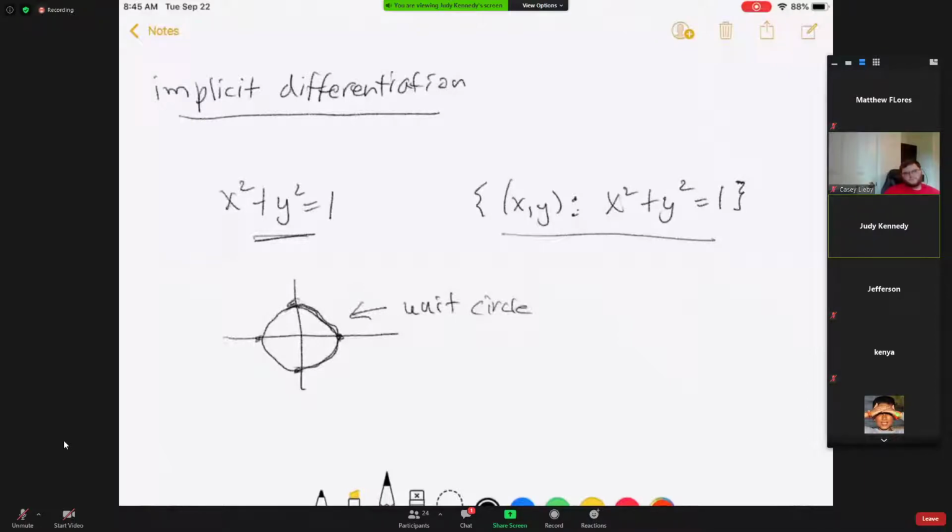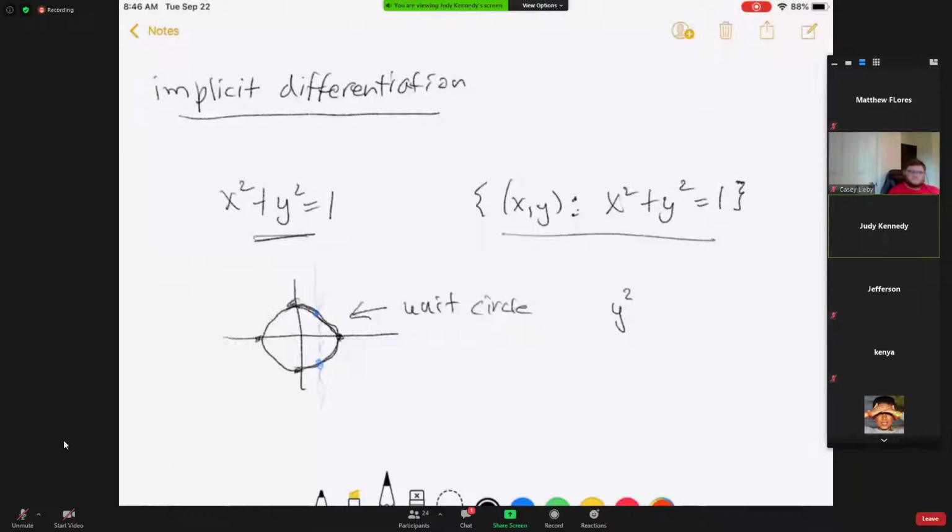Okay, well, that's not a function, right? It's a circle, but it's not a function because it doesn't satisfy the vertical line test. A lot of vertical lines cross the graph twice. So that's not a function. Now you can write it as 2 different functions. I could solve for y, or I could solve for x too.